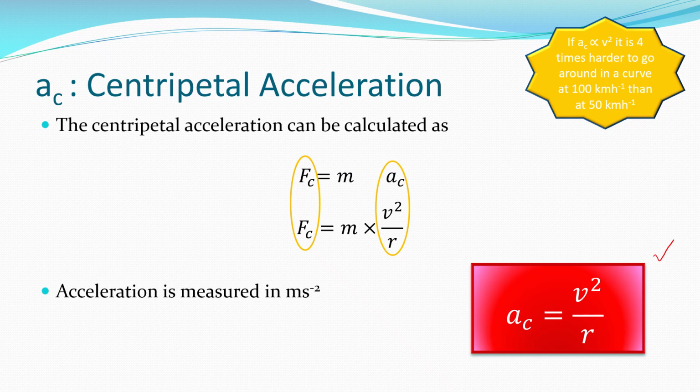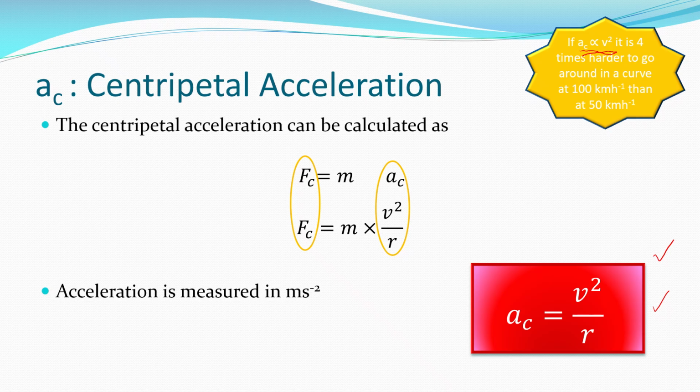Think about the relationship here, and this is leading on to our next bit about the data test information. The acceleration is proportional to the square of the velocity. If you look at the formula in our box here, ignore the 1 over r. Acceleration is proportional to velocity squared. It means if one of them goes up, the other goes up 4 times bigger.